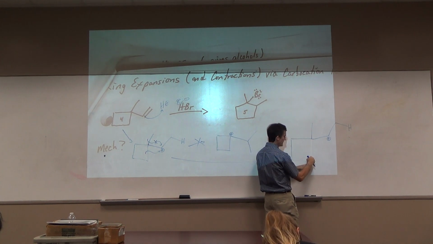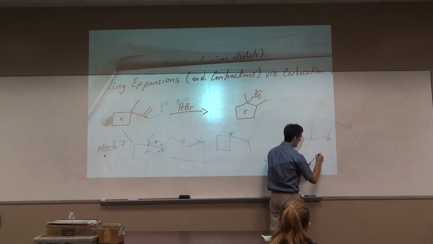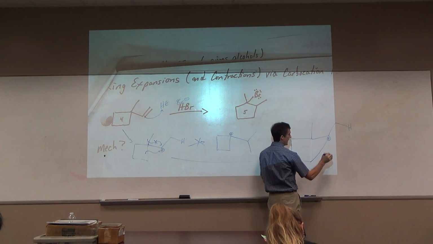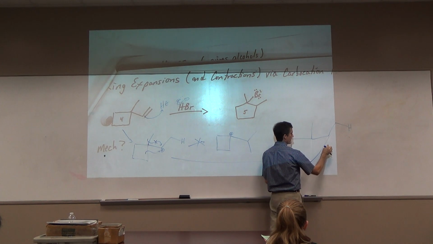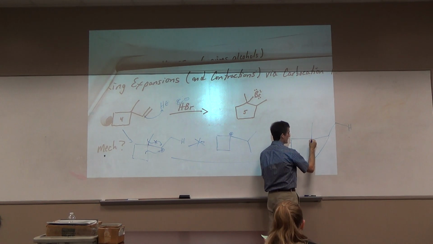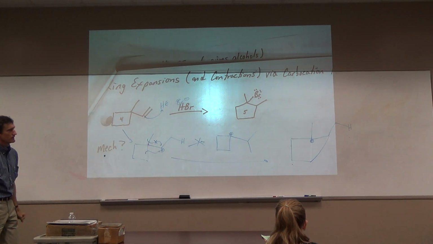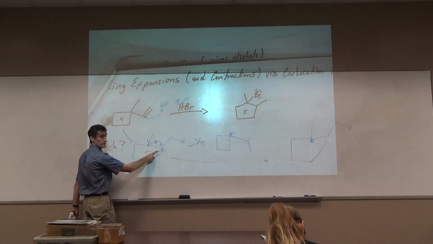Instead of making a bond to that carbon, they are now making a bond to which carbon? That one. And the plus is no longer here. Where's the plus? The carbon that lost the bond, here. So that's what this electron movement gives. All we did was just do this.